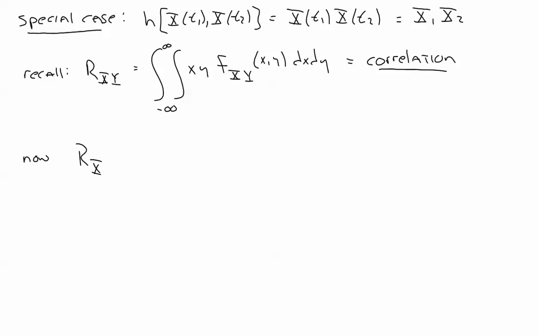It's going to be of only my one random process, but my result can be a function of time t1 and t2, as we saw earlier, minus infinity to plus infinity, x1, x2, times my second order PDF.